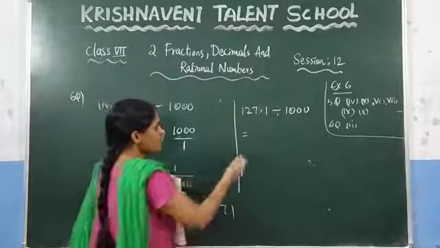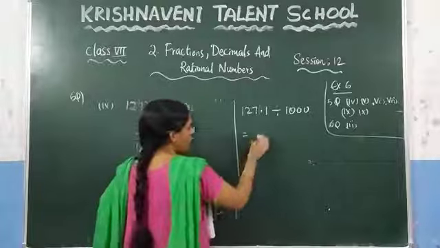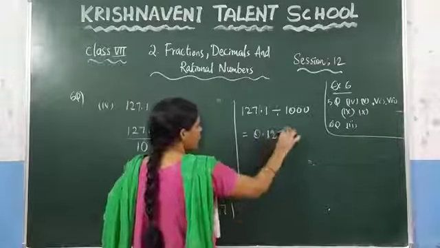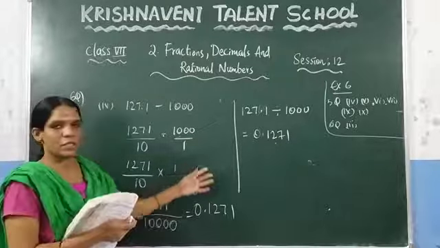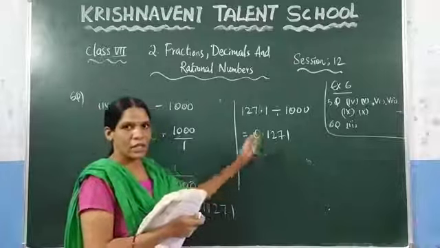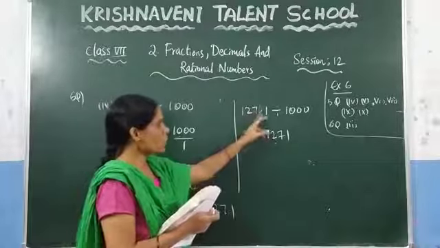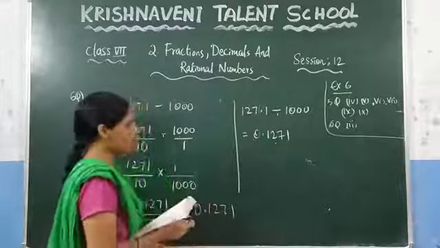So here, shift it here 1, 2, 3. So you have to get the decimal point here. The answer will be 0.1271. So this method also you can follow, or this method also you can follow. Just count how many zeros are there, and you need to shift this decimal point to the left, that many of the zeros, and before that you need to keep the decimal point.